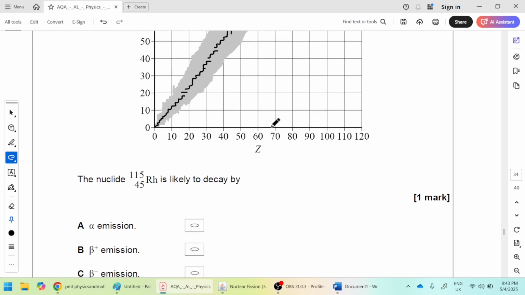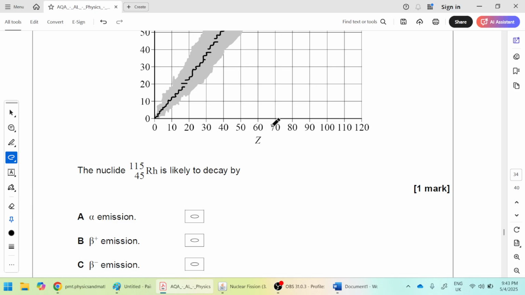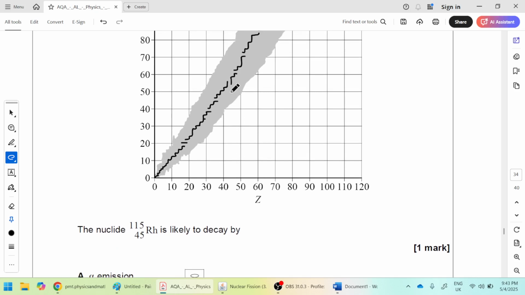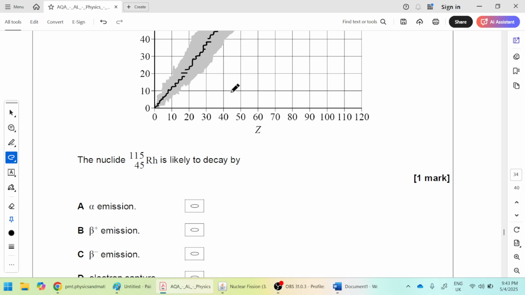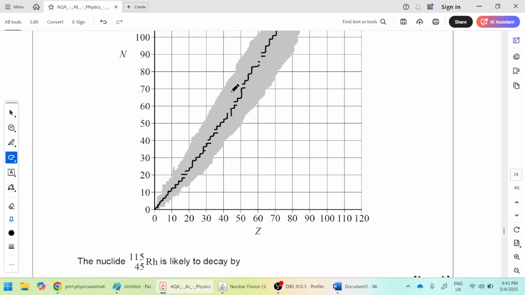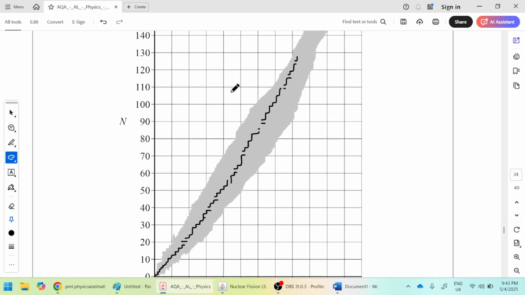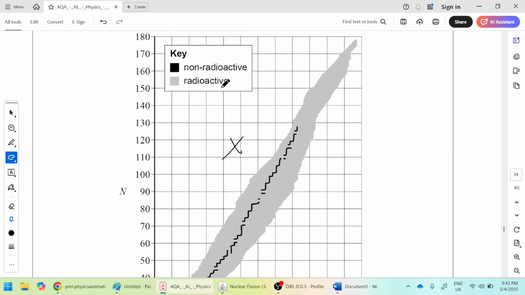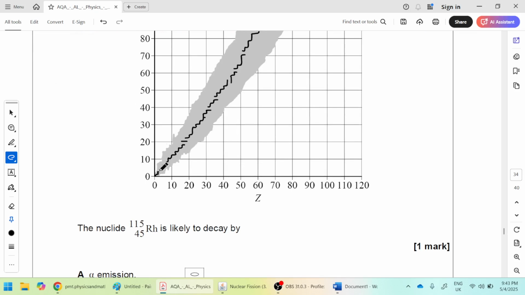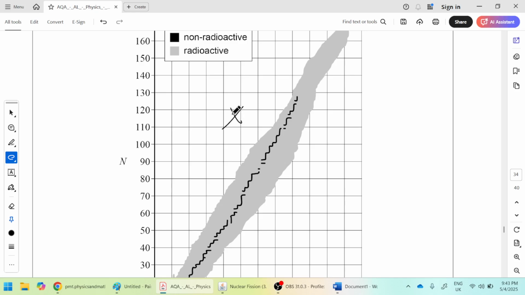The logic for this: 45 is here, 45 and 115, 50. We are here. RH 45, 115 is over here.